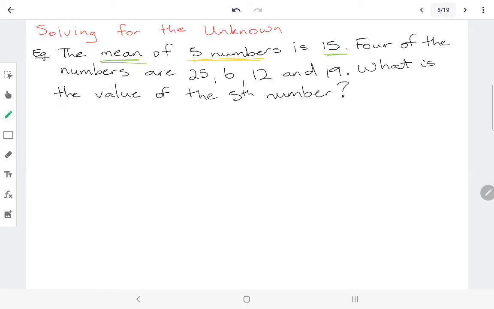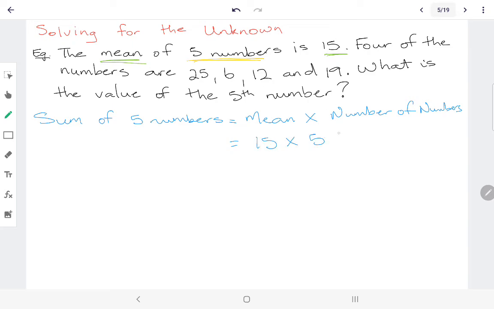The first thing we need to do is to calculate the sum of the 5 numbers. And to calculate the sum of the 5 numbers, we apply the formula, and the formula is mean multiplied by the number of numbers. And this will give us the mean is 15 multiplied by the number of numbers, which is 5, and 15 multiplied by 5 will give us 75. Alright, so we know now the sum of the 5 numbers is 75.